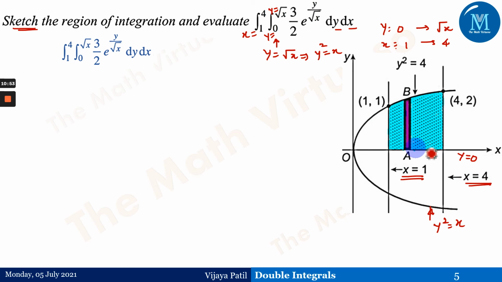So we have to deal with these 1, 2, 3, 4 regions, which are a common region out of that. But while considering the region here, we need to understand one thing, that we have to consider this particular region because the inner integral is for y.